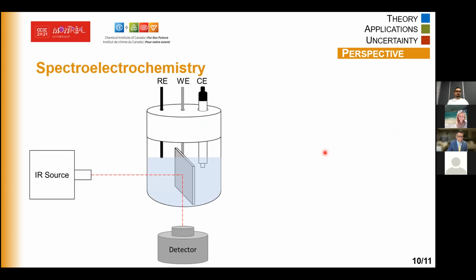So we can use it for catalysis reactions specific to chemical engineering, and we can also pair it up with spectral electrochemistry, where we use an infrared source to monitor the surface intermediate species that take place on the electrode. In this case, we're able to polarize the electrode and then see the absorption of intermediate species.